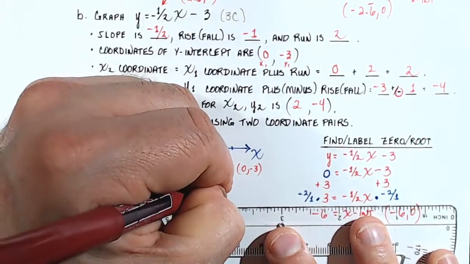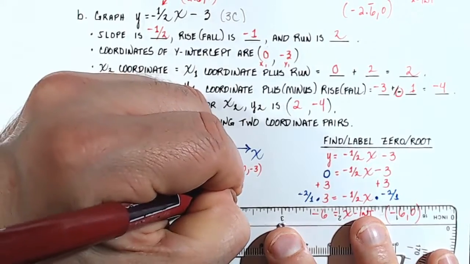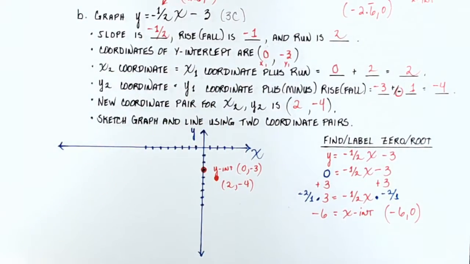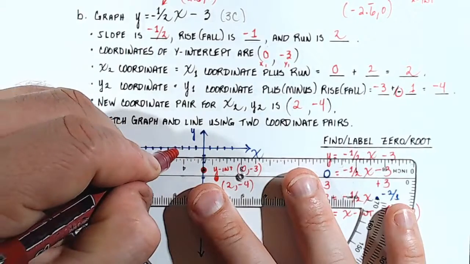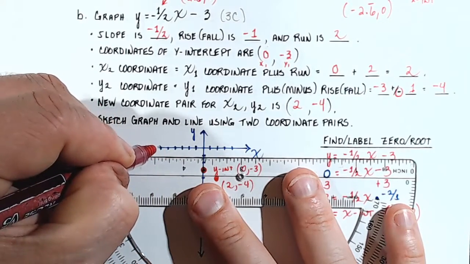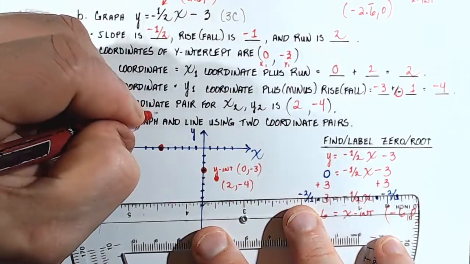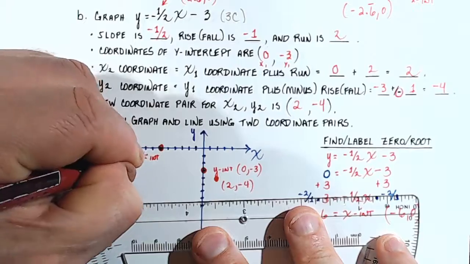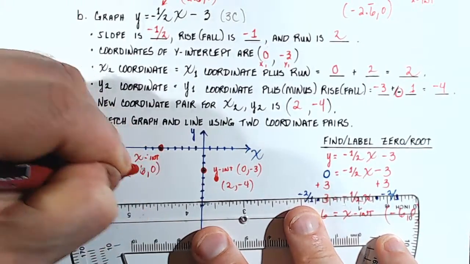And this would be point 2 here at 2, negative 4. Then I plot the x-int at negative 6, 0. So we go over here, over 1, 2, 3, 4, 5, 6 on the x-axis. We'll plot that point in. Okay, and that's going to be the x-int, and its coordinates are negative 6, 0.